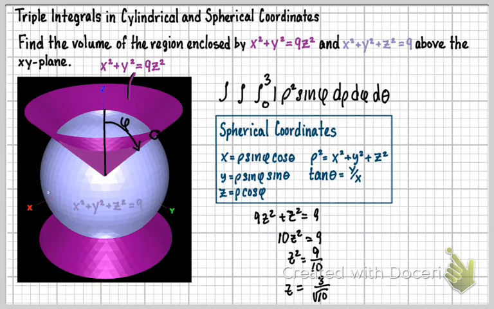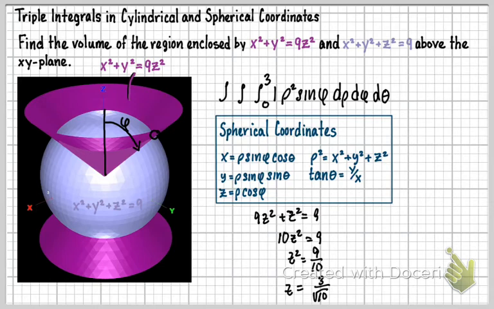Now we're going to use z equals rho cos phi, because we have this z equals 3 over root 10 and we need to find phi. It's the easiest one to work with out of the three, because it only has one angle I need here. Here I would need theta and all those other things, but for this bottom one, I don't need any of that.